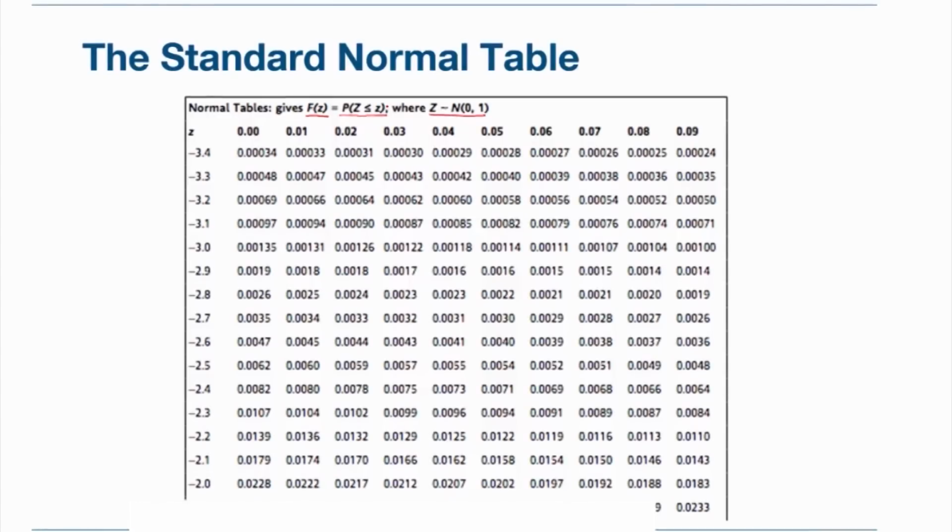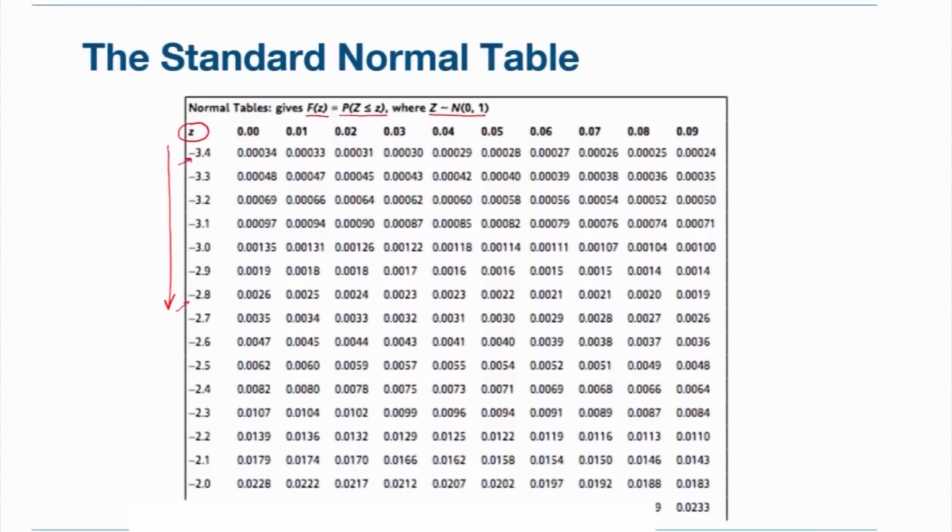So where are our particular values of z? Here's our z. Again, we're looking for the proportion of the random variable that would be less than that small z. If you look first down the left side of the table, we have values ranging from z equals minus 3.4, z equals minus 2.8, z equals minus 1.9.